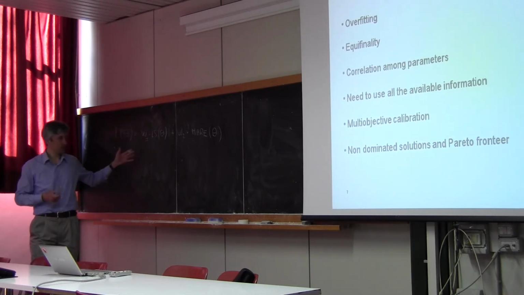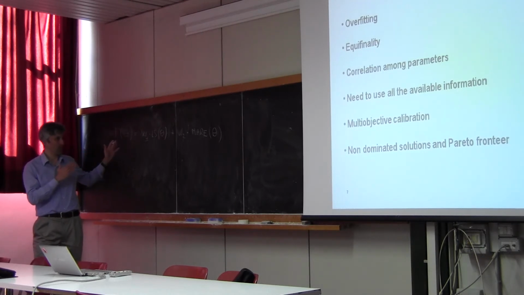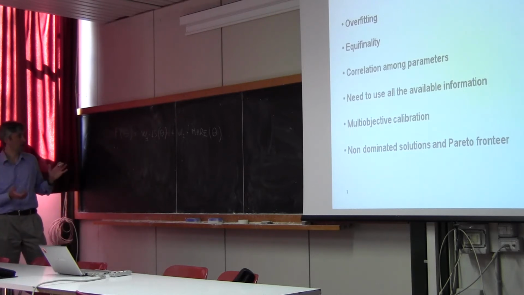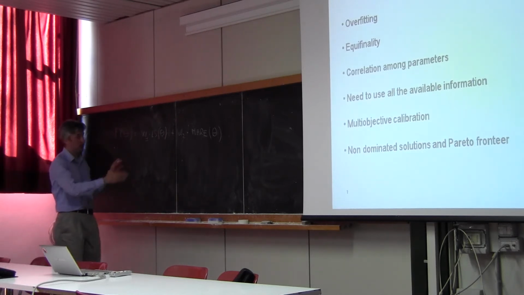And therefore you see that we have to assign an appropriate weight depending on the order of magnitude of the objective function, and also the weight that we want to give to each one.